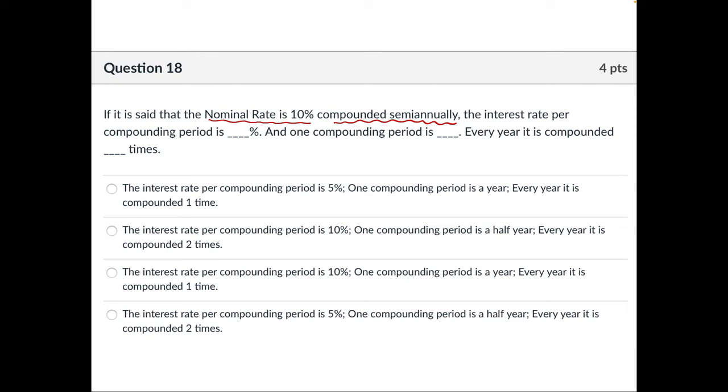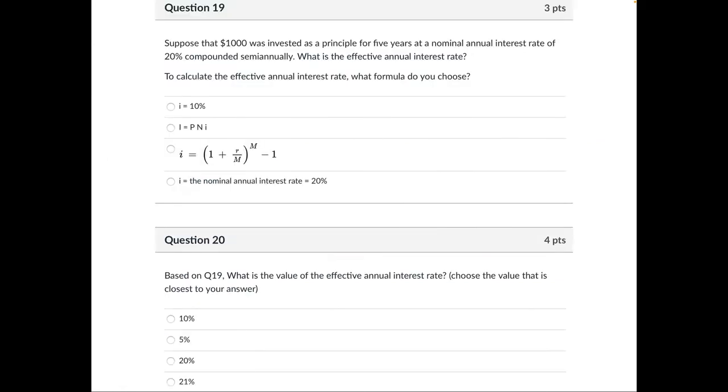Per compounding period means per half year. So interest rate per half year is 10% divided by 2. So it's 5%. And one compounding period is, because it's compounded semi-annually, half year. Every year it is compounded how many times? 2 times. So it's 5%, half year, and 2 times.